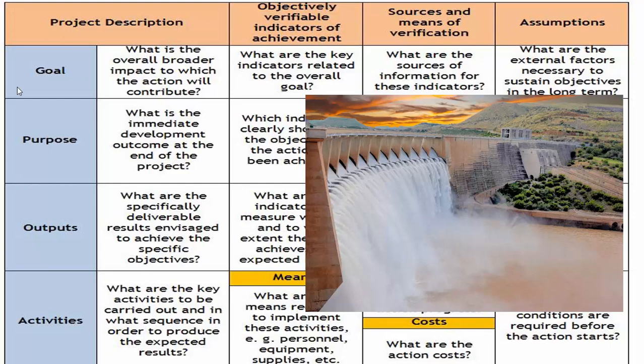Because with energy generation, industries will be more productive, exports will rise, employment will rise, leading to what? More money in people's pockets. As you can see, when we have the log frame in place, it is easier to plan project implementation.